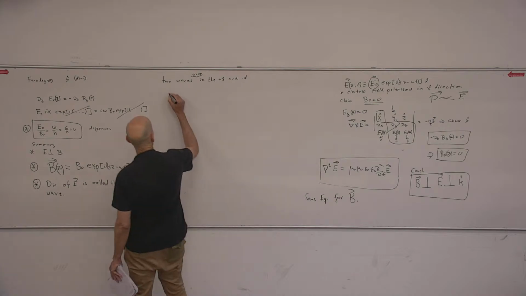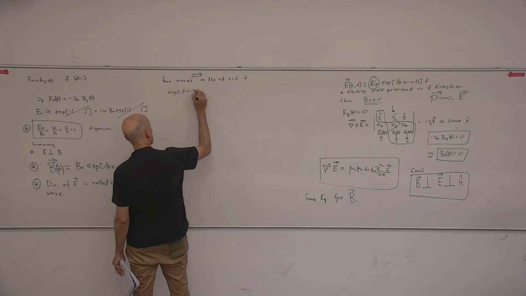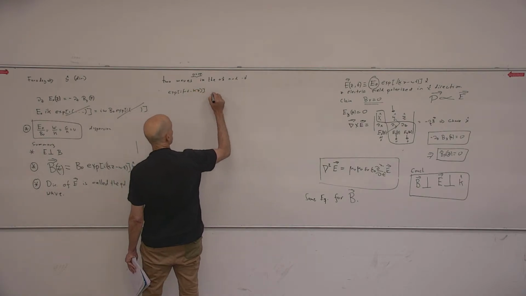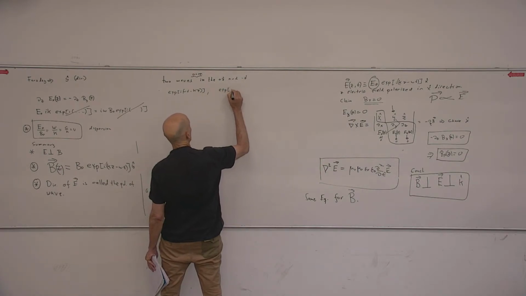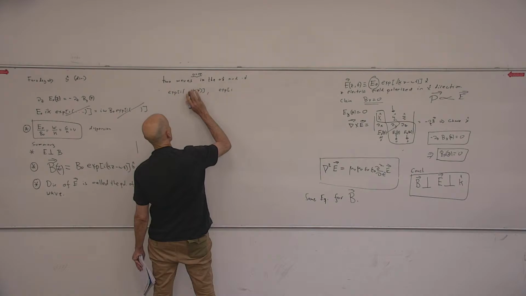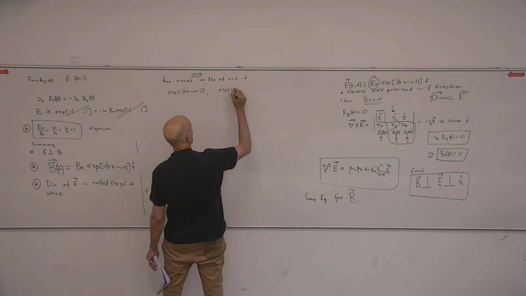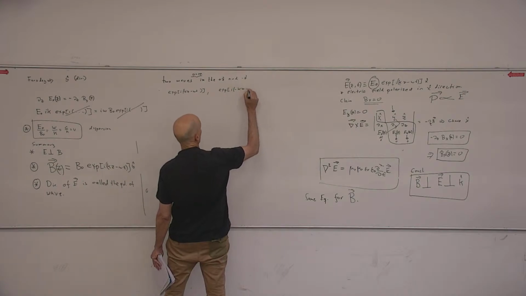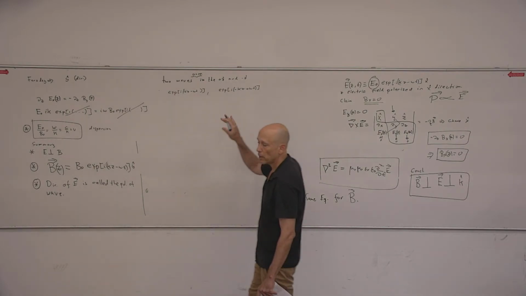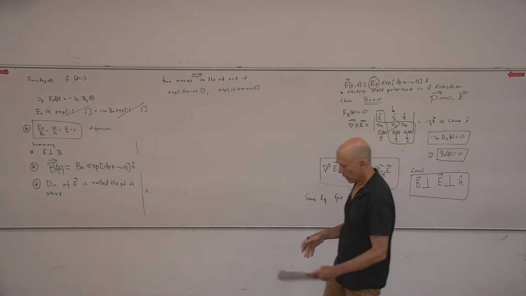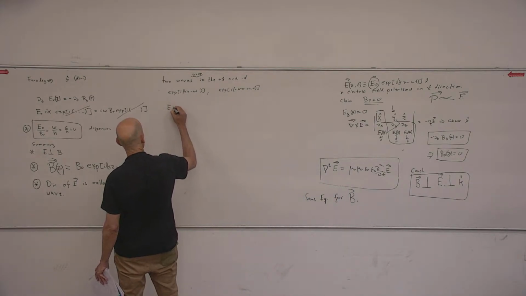So we have two waves, both for the magnetic field and for the electric field, with exponentials. I wrote it the opposite way previously, but okay: kz minus omega t, and minus kz plus omega t. And I combine these two waves with the same amplitude together. A linear combination will give you another solution.